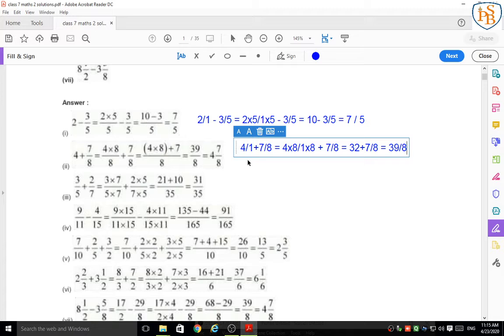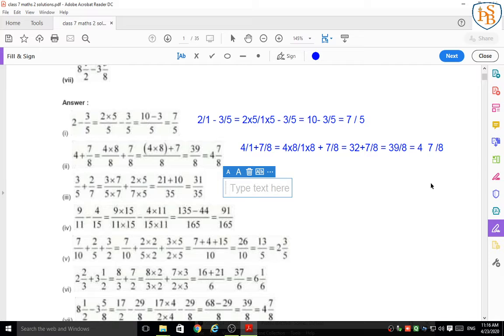And how can we convert it into a mixed fraction? 8 4s are 32, and if we subtract 32 from 39 we get 7, and the denominator will remain the same, that is 8. So my mixed fraction is 4 and 7 upon 8.